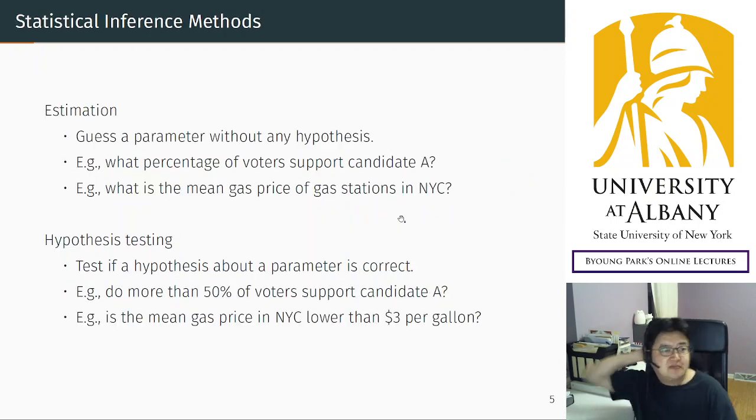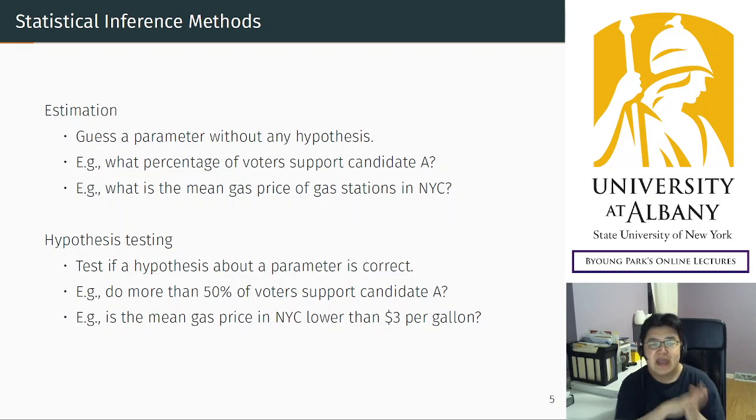So here are two different methods we are going to learn in this course. The two main methods are estimation and hypothesis testing. Estimation is in chapter 8, and hypothesis testing will be covered in chapters 9 and 10.